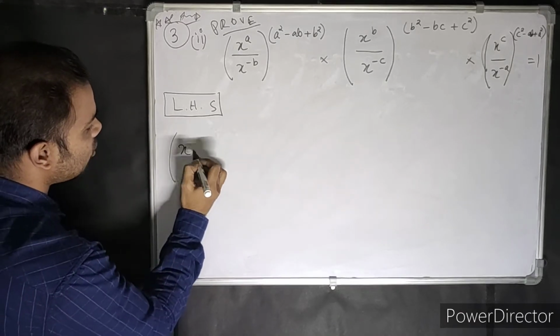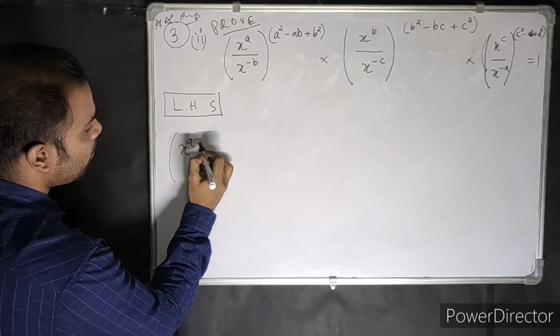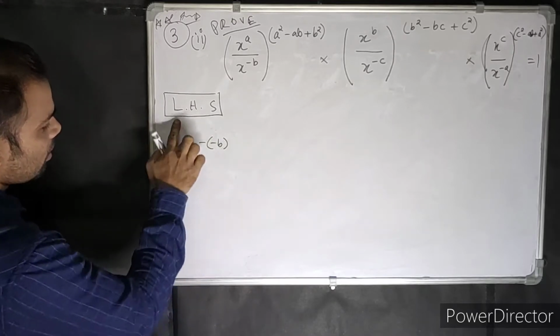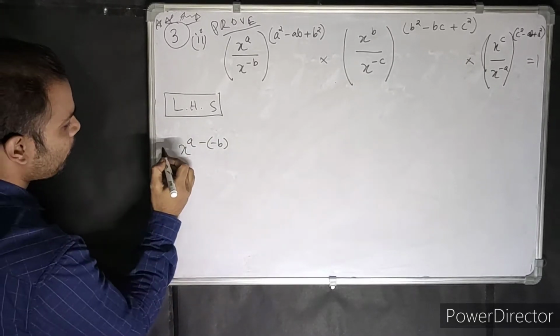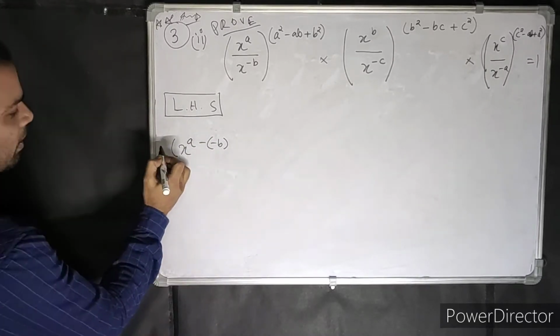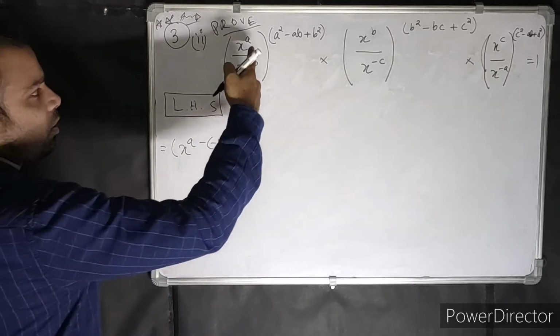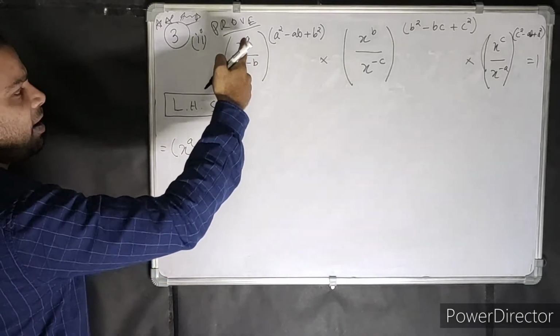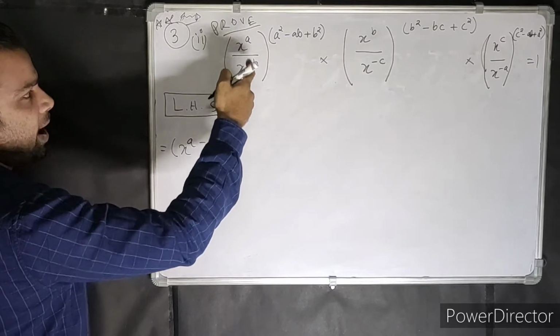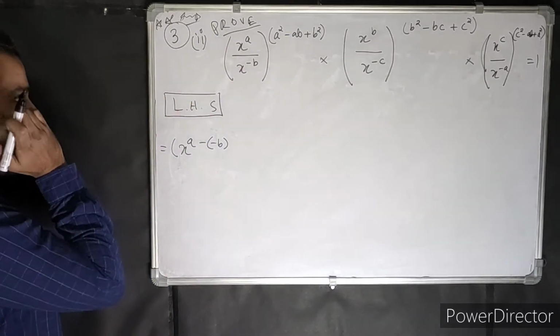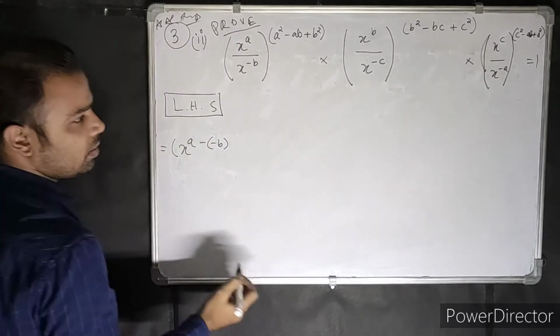So this is x to the power a minus b. Let's start directly solving. You can see when the same bases having different powers are divided, the powers get subtracted.